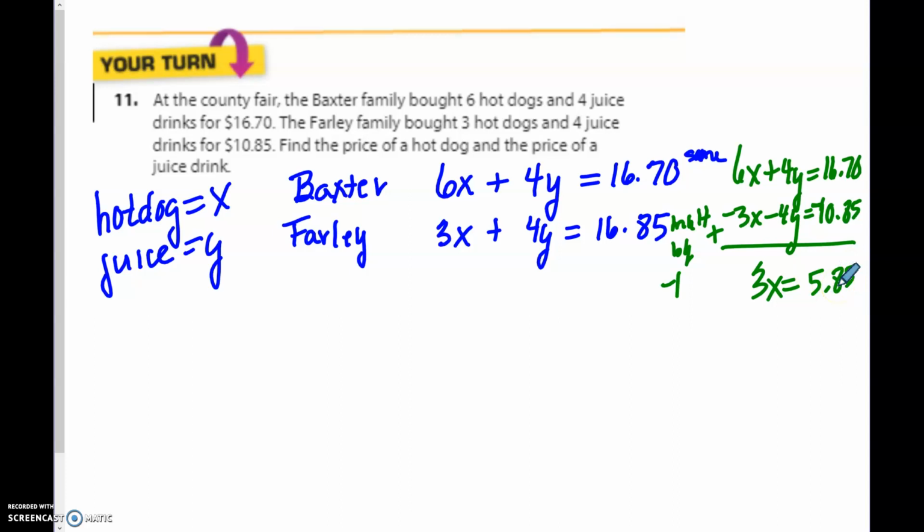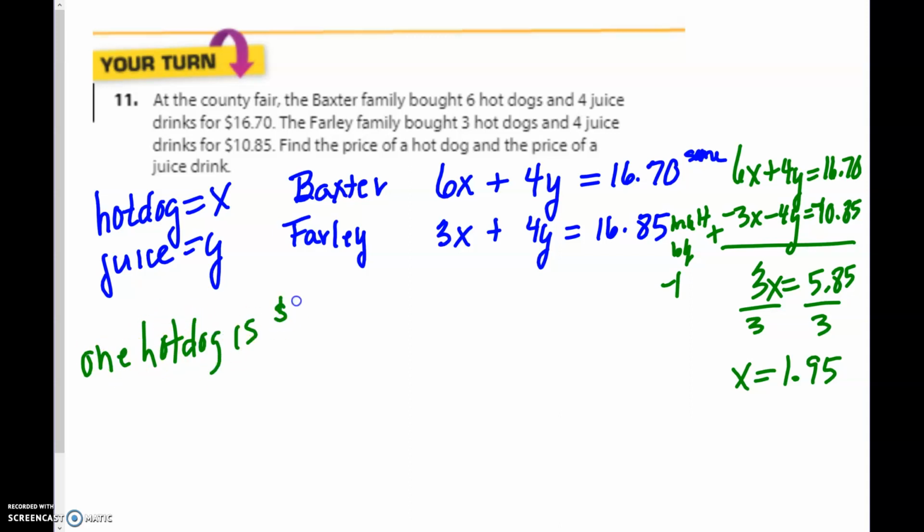And then I am going to divide by 3. So x equals $1.95. What does that mean? That one hot dog is $1.95.